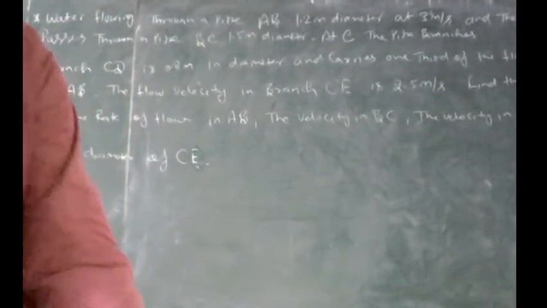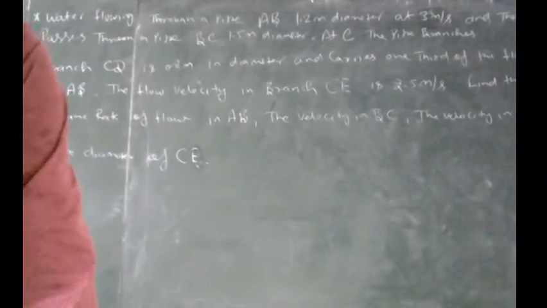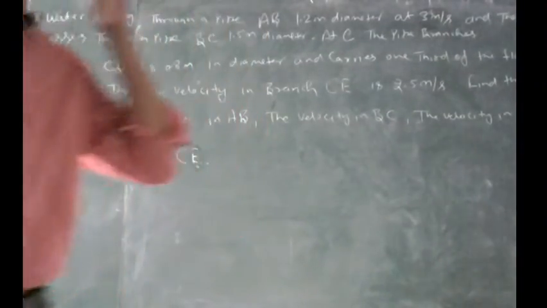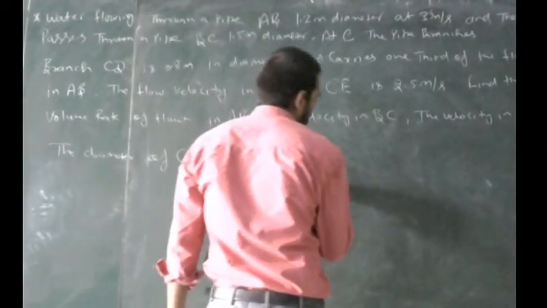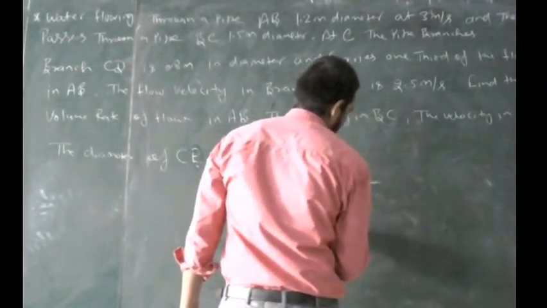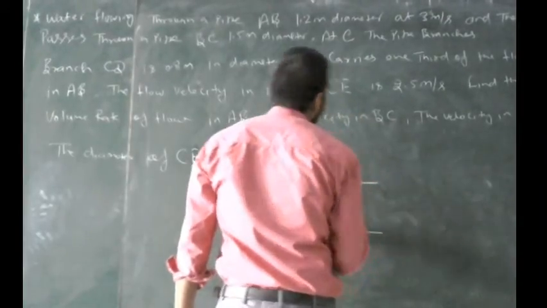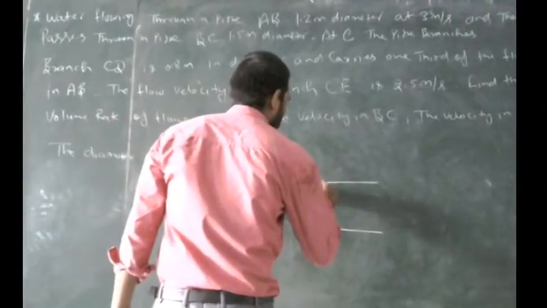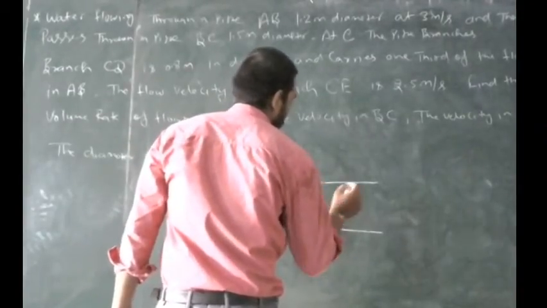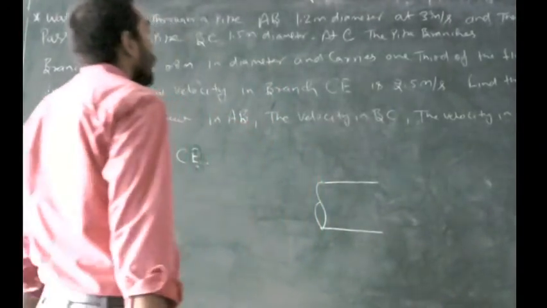Is that clear? First of all, read the question 2 times, 3 times. Water is flowing through a pipe AB. First of all, draw the pipe AB.